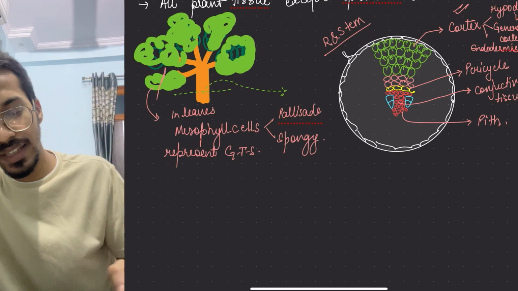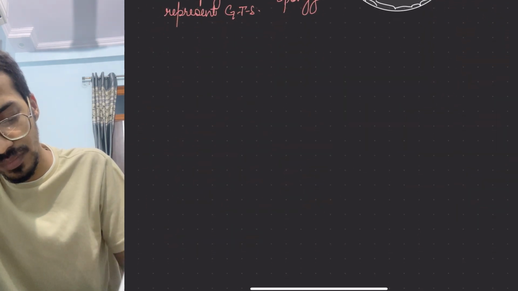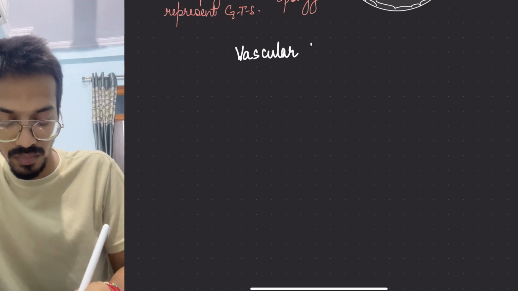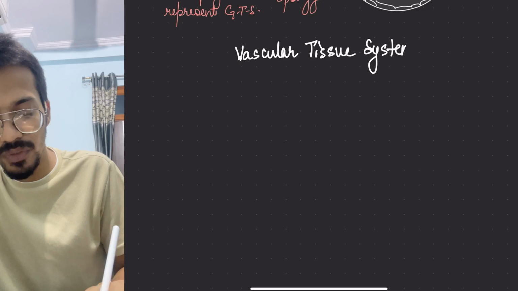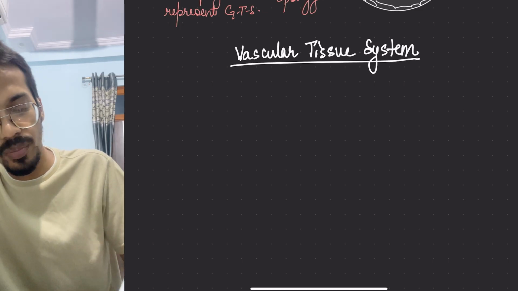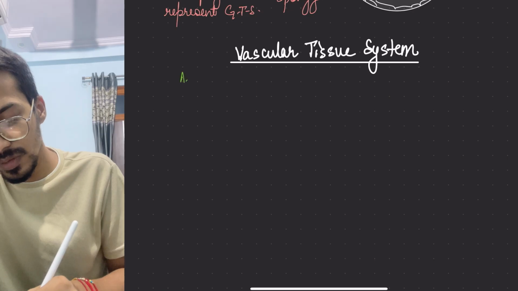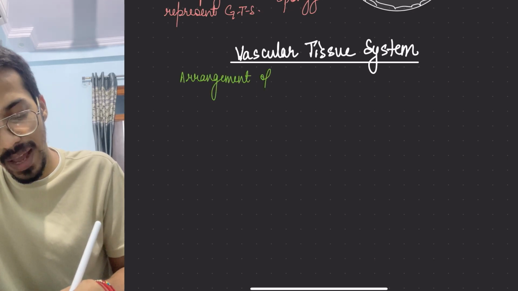After that, the next thing is the vascular tissue system. So what is it? It is xylem and phloem. So basically the vascular tissue system represents the arrangement of xylem and phloem.